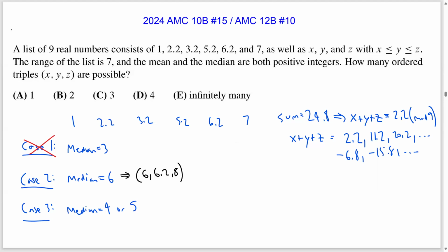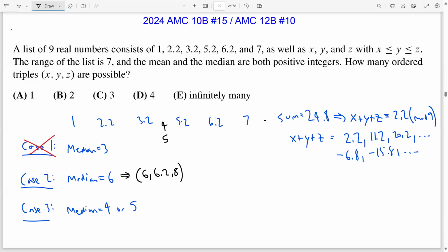Lastly, if the median is 4 or 5, this gets a little bit trickier just because there are more cases to deal with. So if the median is 4 or 5, then again, we're going to use the fact that the range is 7. Now, the only problem though is that we don't know if the smallest number is 0 or if the largest number is 8.